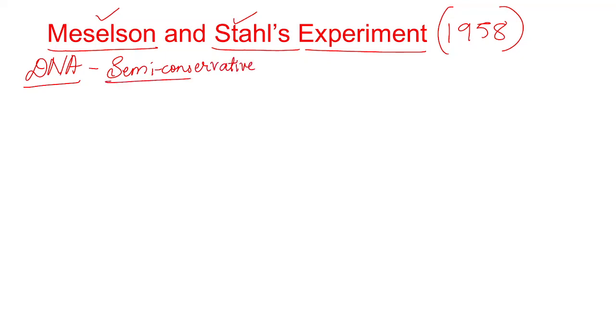It was said that DNA replication is semi-conservative by Watson and Crick, but the experimental proof for the semi-conservative method of DNA replication was given by Michelson and Stahl.